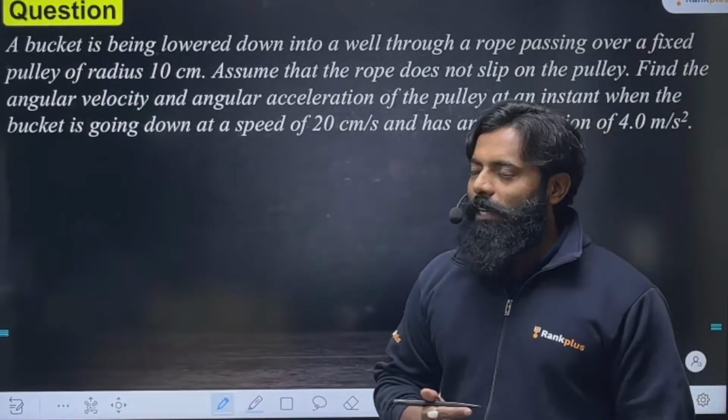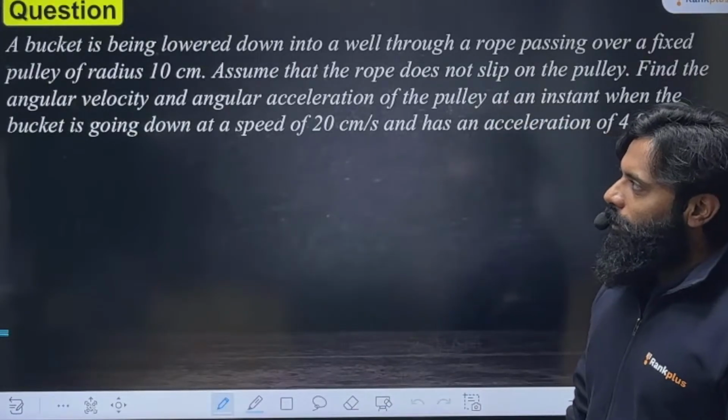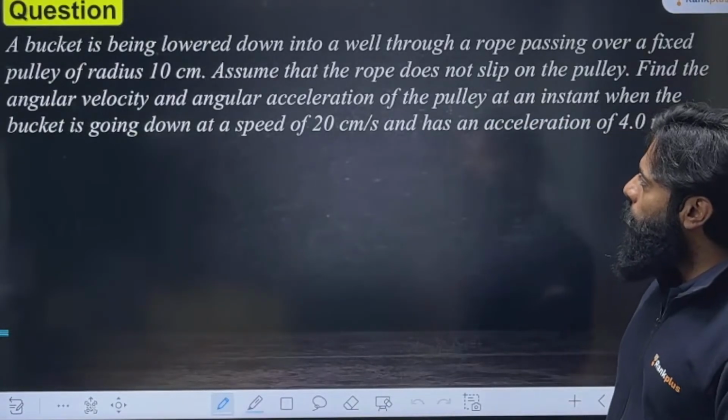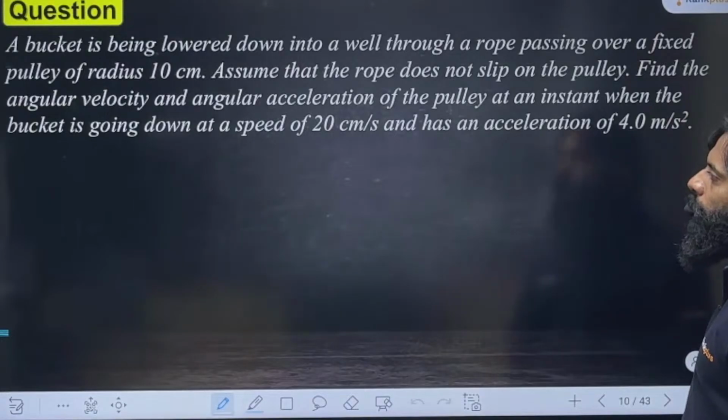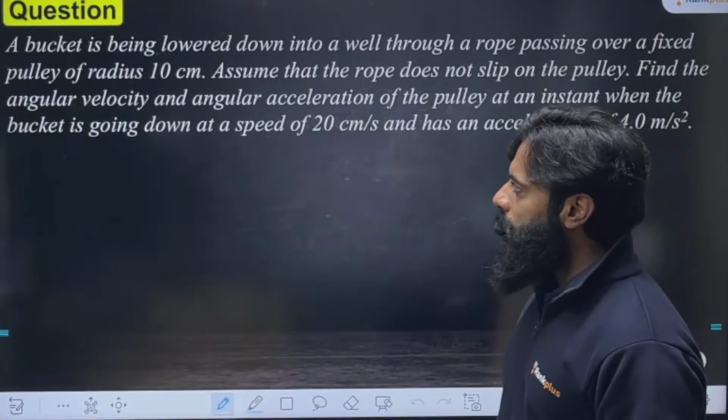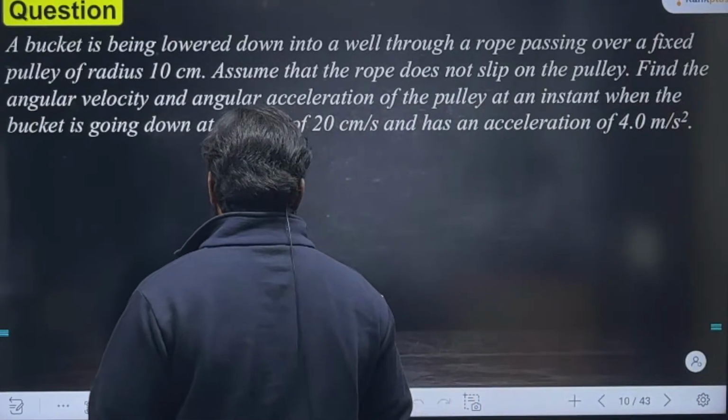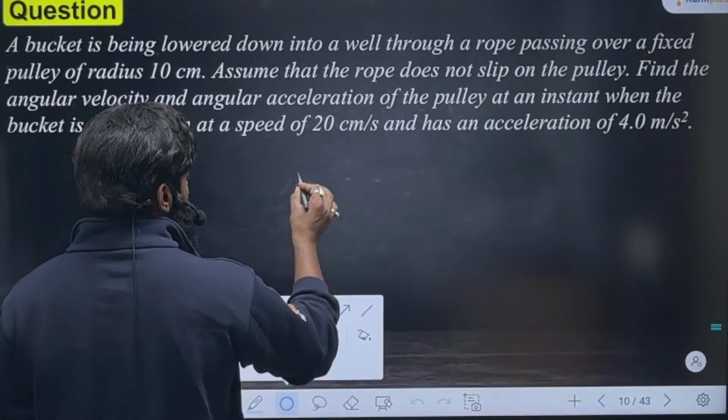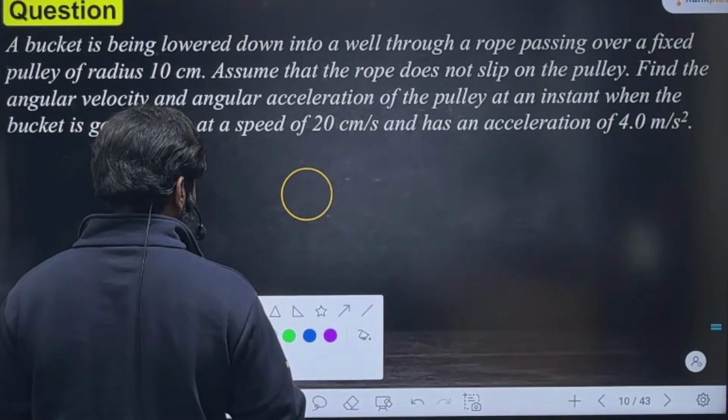Let's solve another question. In this question, a bucket is being lowered down into a well through a rope passing over a fixed pulley of radius 10 centimeter.